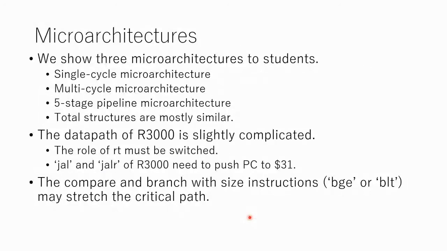So if you have materials for R3000, they can be easily changed into RV32I. But I found that the data bus of R3000 becomes slightly complicated. It comes from two facts. The role of RT must be switched.